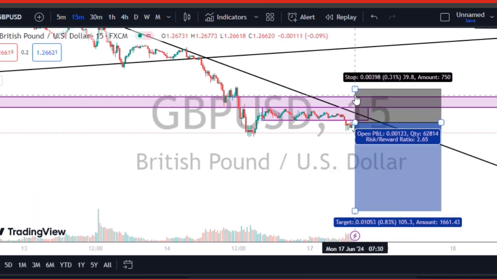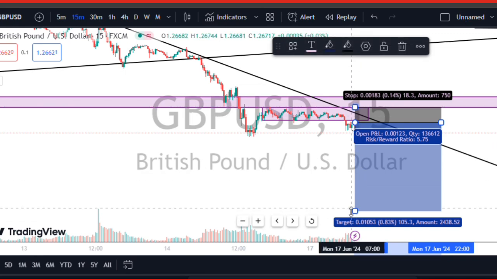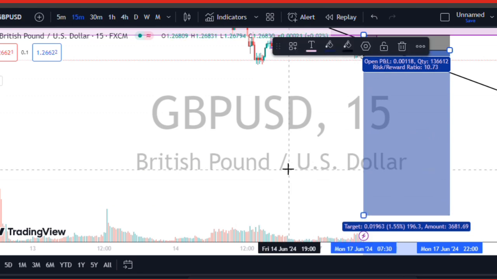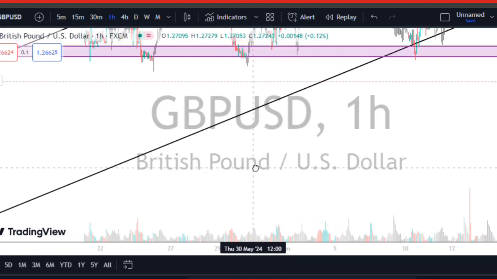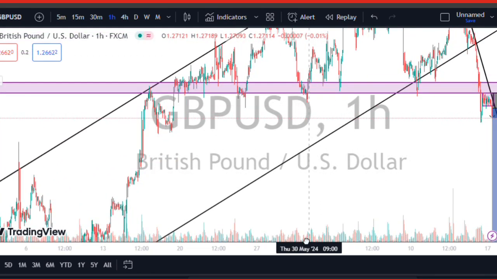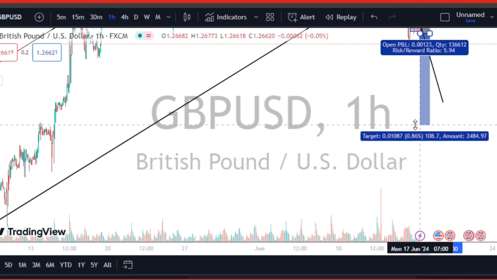I'm looking for a short position, stop loss from there, catching these whole pips. I'm going to look to my left and see where I will take my profit.